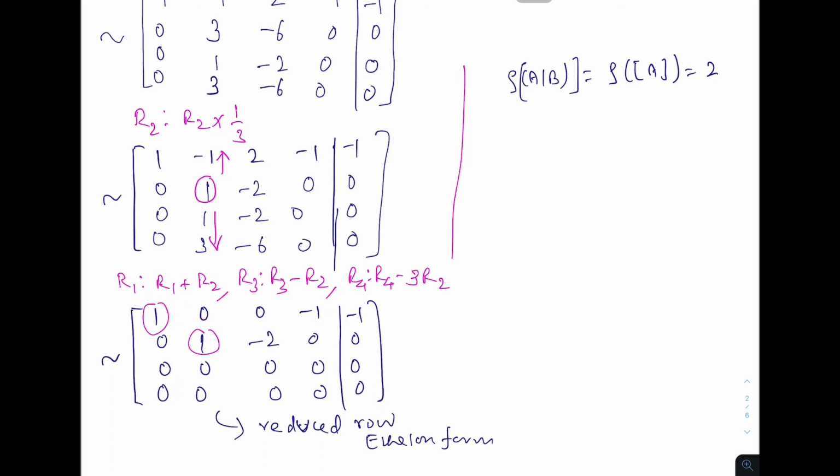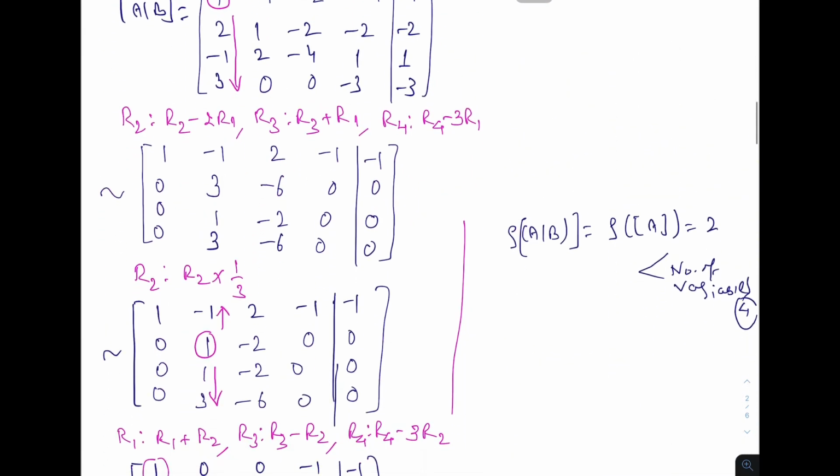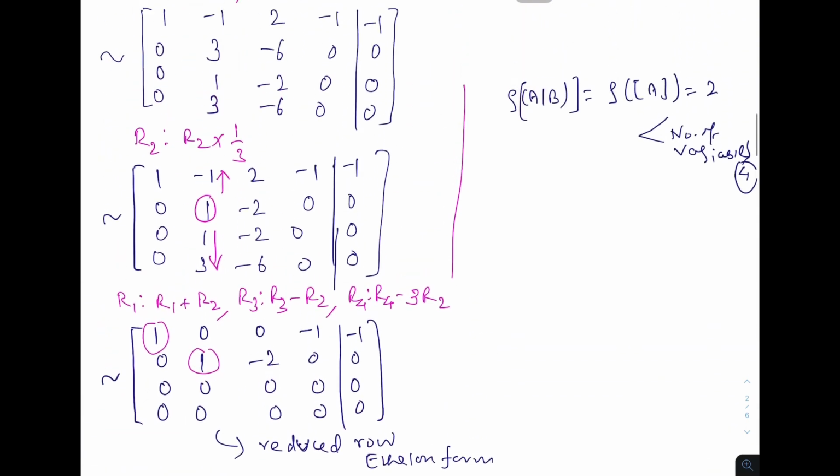Okay, so there are two non-zero rows of both A as well as AB, and so rank same, but that is less than number of variables. Now there are 4 variables, X, Y, Z and W, but rank is 2, so we need to assume 2 variables arbitrarily. Okay, that is 4 minus 2.